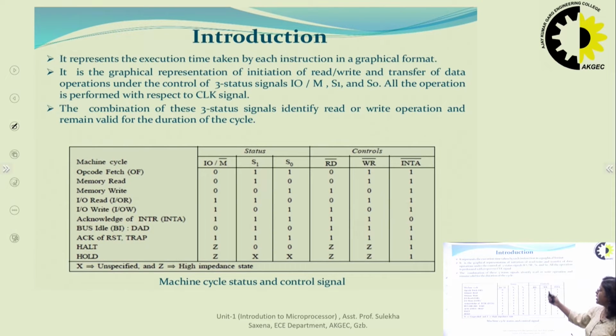As we have discussed, the time taken by each instruction in graphical format is defined as the timing diagram, and basically a single operation, that is one machine cycle, consists of reading or writing data from IO or memory.